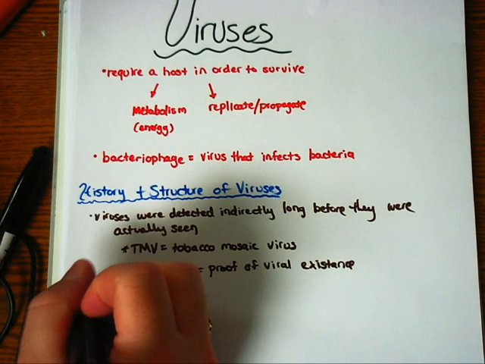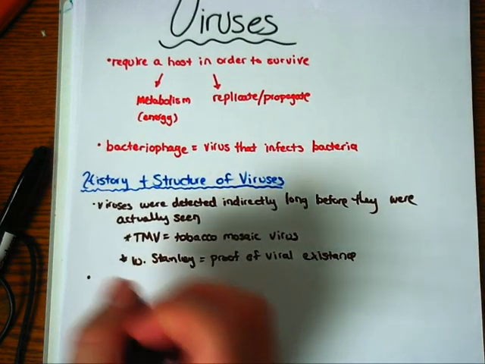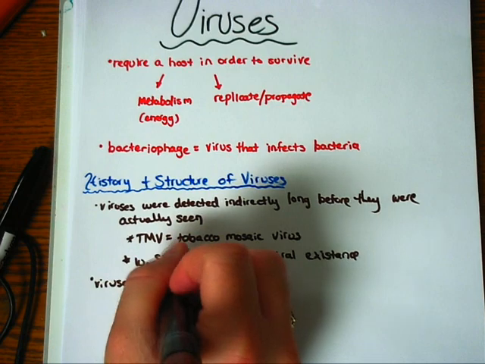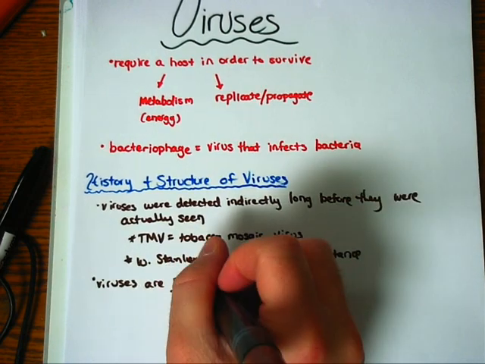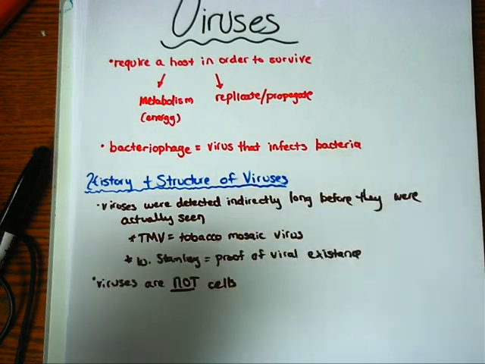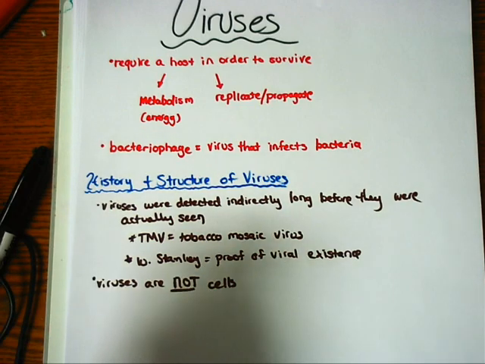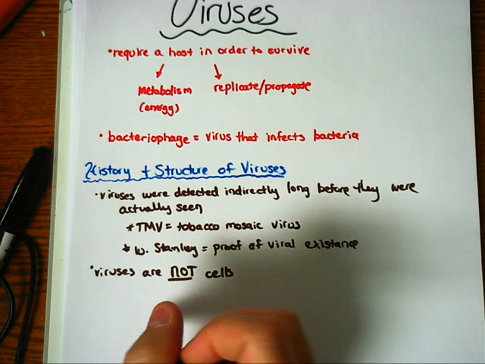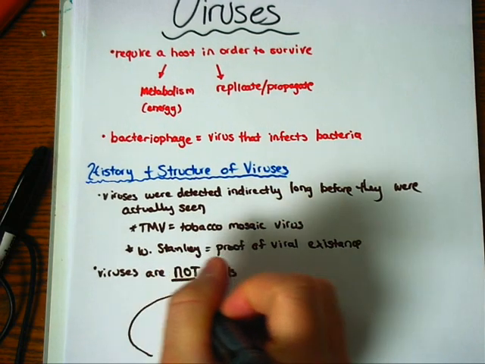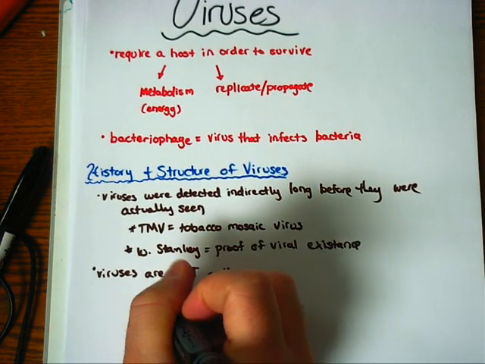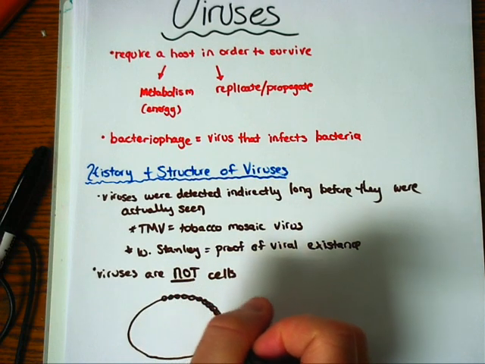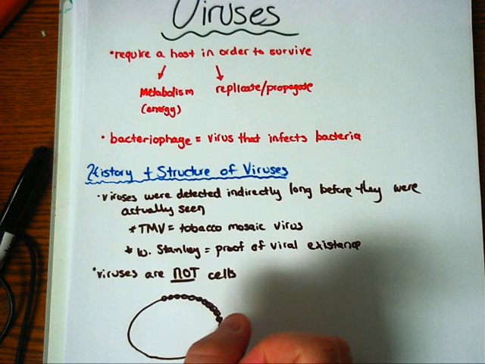Now, as far as their structure goes, we know viruses are certainly not cells. So what are they? What makes up a virus? Basically an outer protein coat called a capsid. And a lot of books just draw a bunch of little circles, and that's supposed to designate the protein capsid.